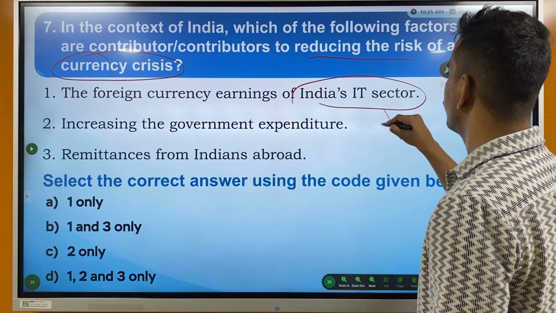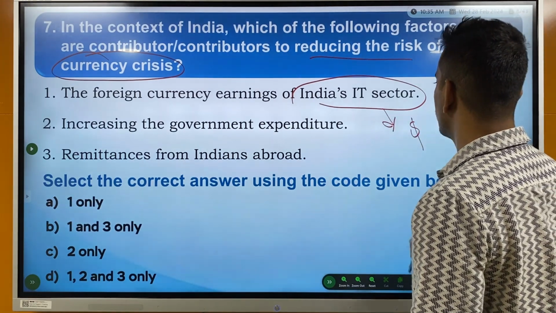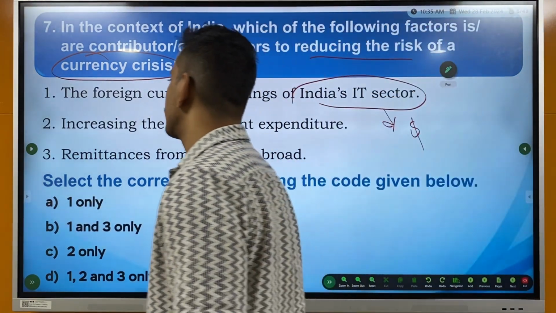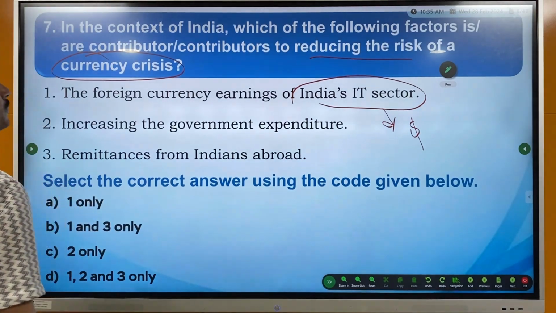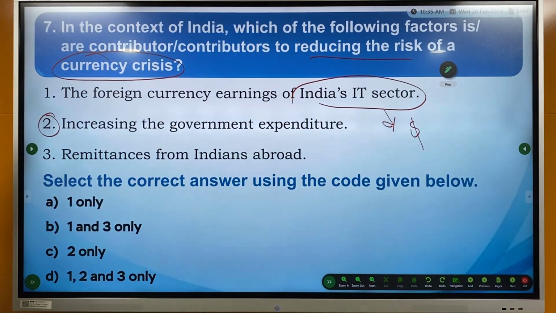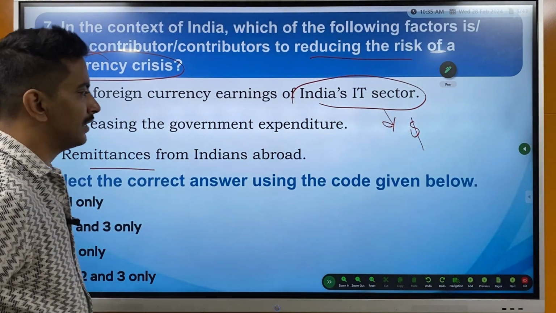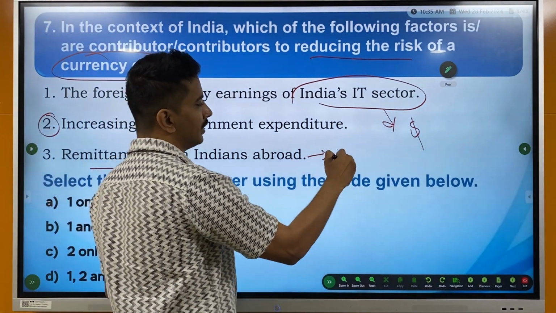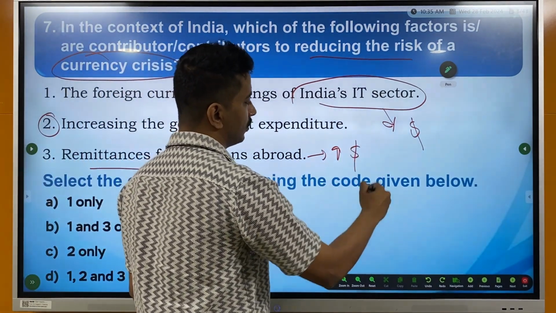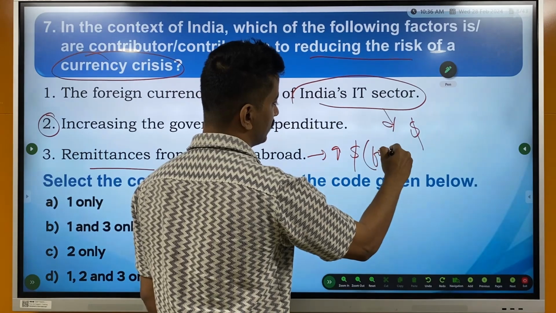This will bring more dollars or foreign exchange. Second, increasing the government expenditure. Let's see. The third statement is remittances from Indians abroad. This will also increase dollars or foreign currency.